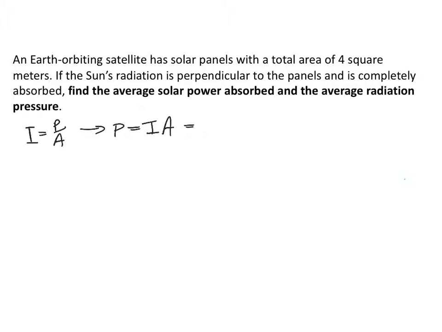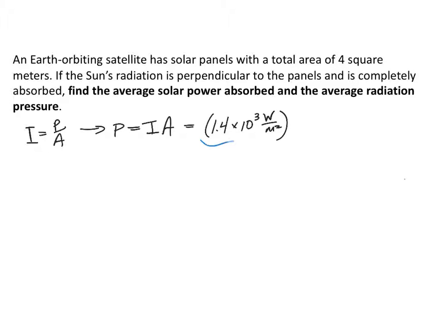Now, here's the thing. The intensity of radiation right before it enters the atmosphere, which is where a satellite's going to be, is a known value that I didn't type in. The intensity is actually 1.4 times 10 to the third watts per meter squared.